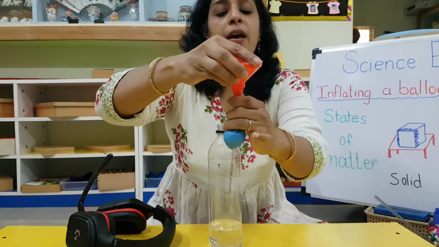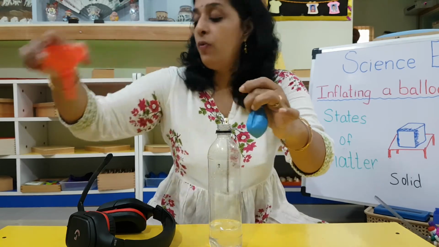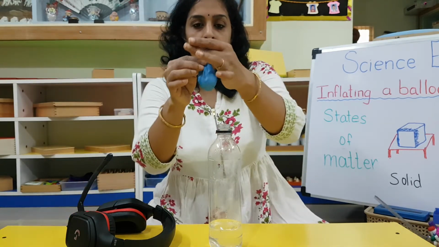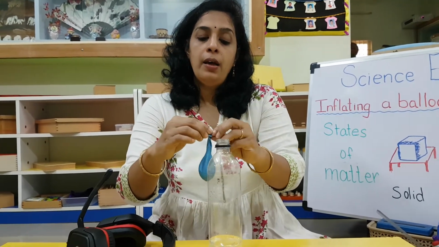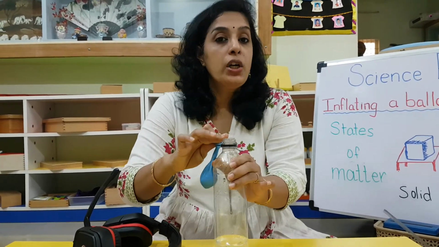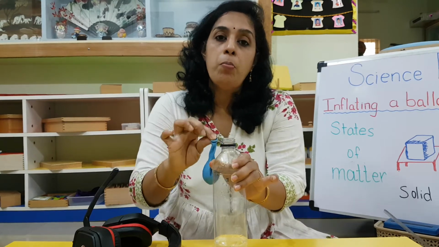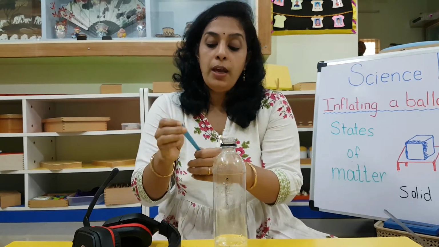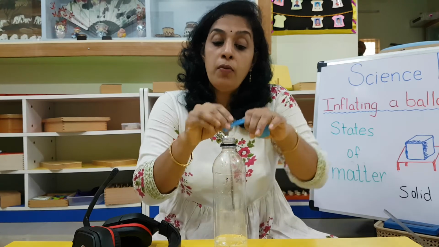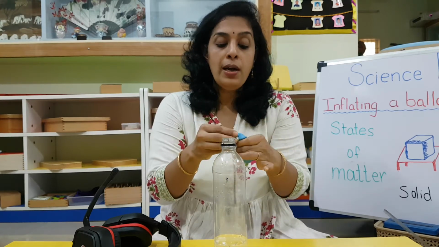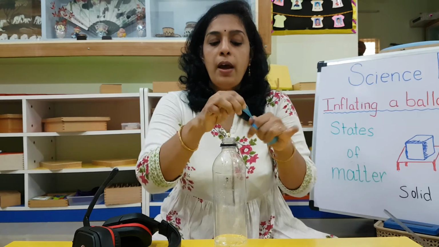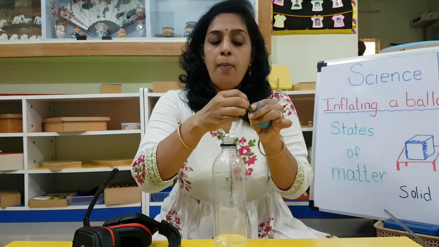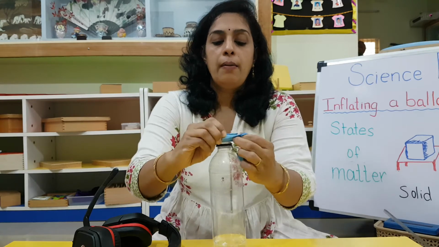Okay, now I can remove the balloon from the funnel. Now what I have to do is attach it on the mouth of the bottle. Here I have to make sure that the soda powder will not go into the bottle. So I'll hold it like this, one round I'll do like this, and then I'm going to fix it on the bottle.